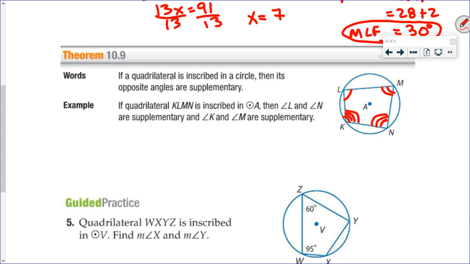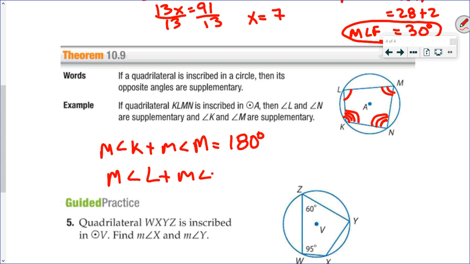So K and M are supplementary: measure of angle K plus measure of angle M add to 180. And measure of angle L plus measure of angle N add to 180. This is for a quadrilateral, a four-sided figure, that's inscribed.